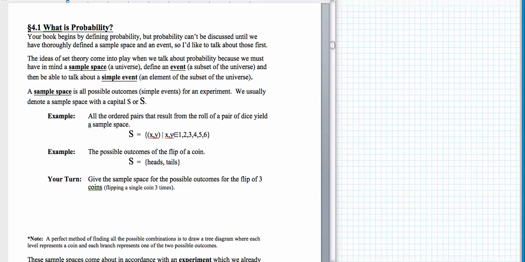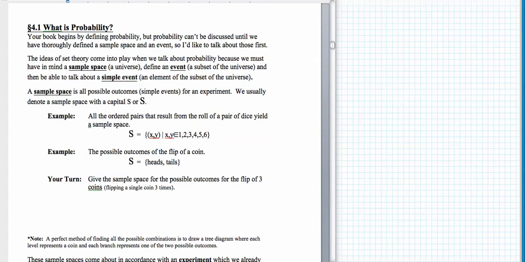Now, an event is a subset of a universe, so we can have many events that are based upon the same defined set of characteristics, but the simple events that occur within those events don't necessarily have to be the simplest of simple events.